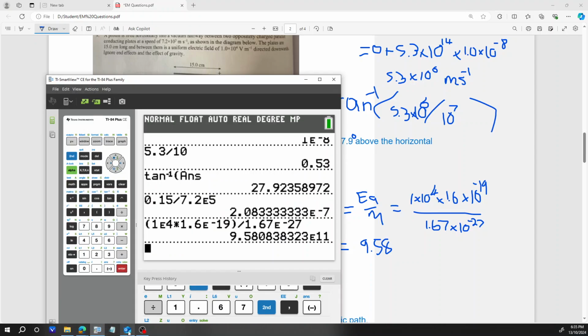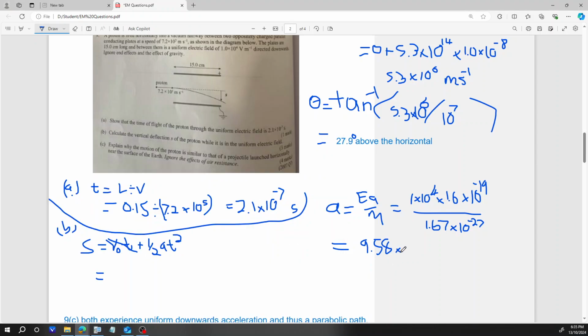What was the order? I can't use this. Oh no, yes, I can. We solved for time. So I thought we hadn't solved for time.